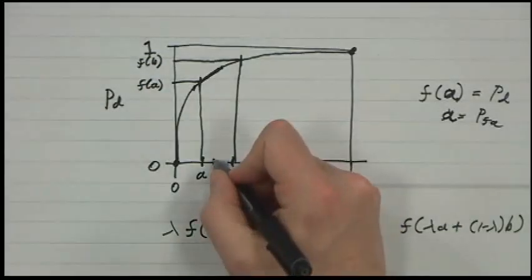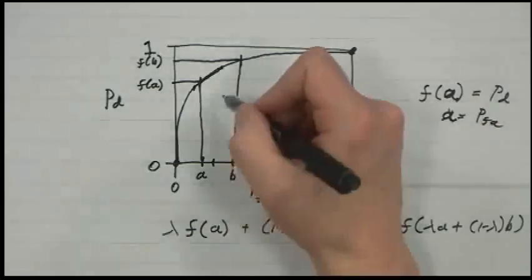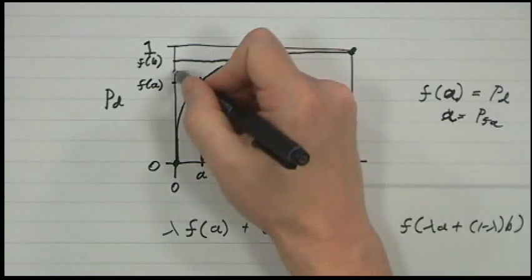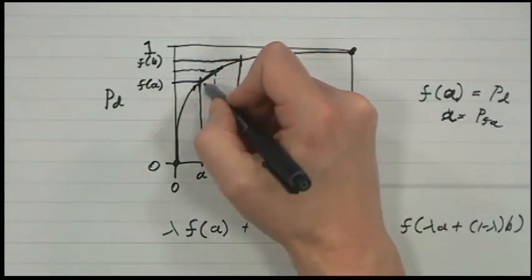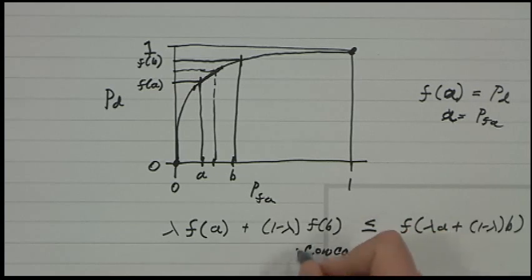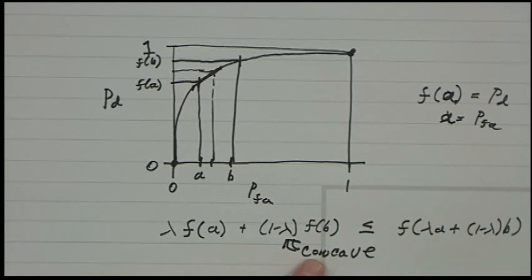Now this is some combination lambda, f of A and B. So this thing has always got to be greater than or equal to that. I think I got that right. Yeah. So this is called concave. A function is concave if it has this property. If the inequality goes in the other direction, it's called convex.